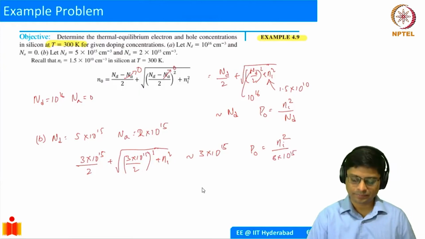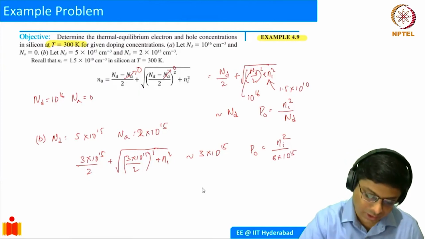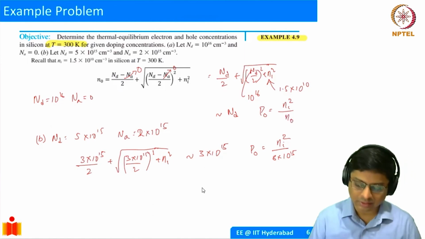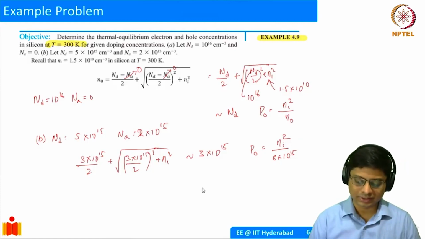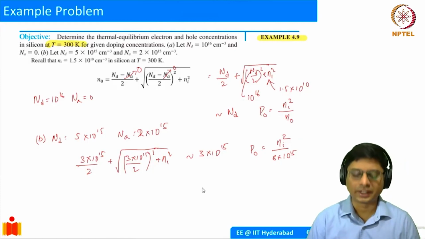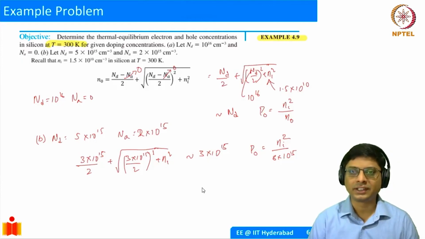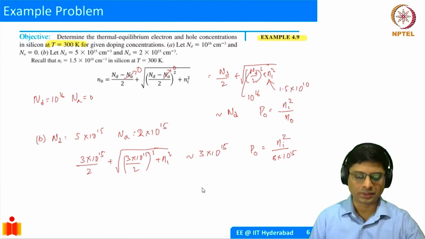All right. Of course, sorry, in the previous case, you should be careful. This I should not say is Nd, I should call it N naught. So you get the drift over here. So please make sure that you verify this. See what happens as you adopt different carrier densities.